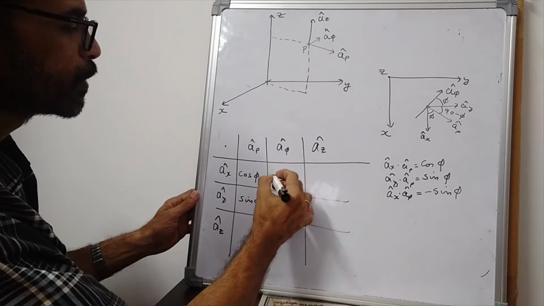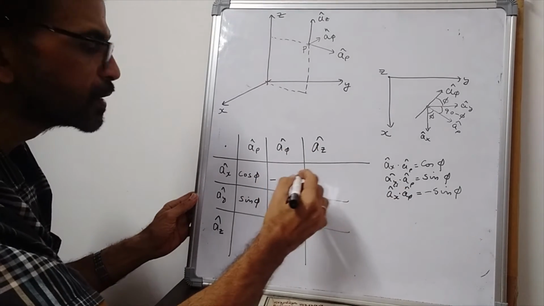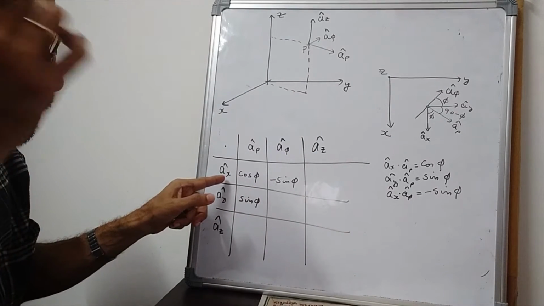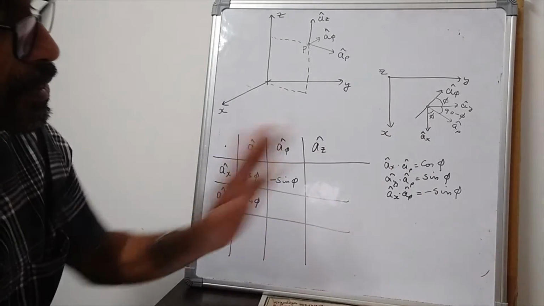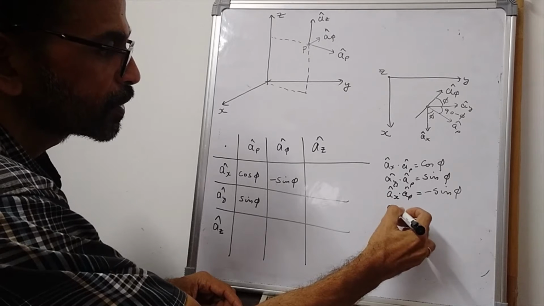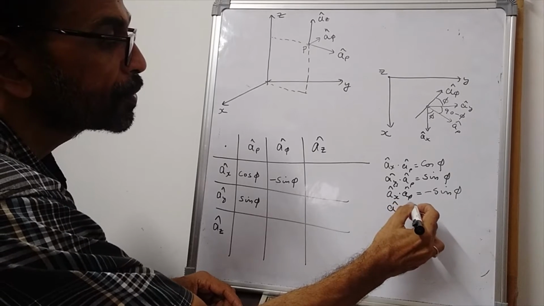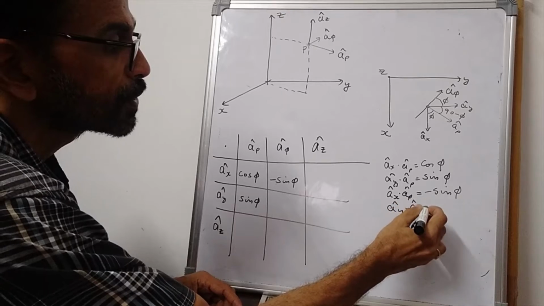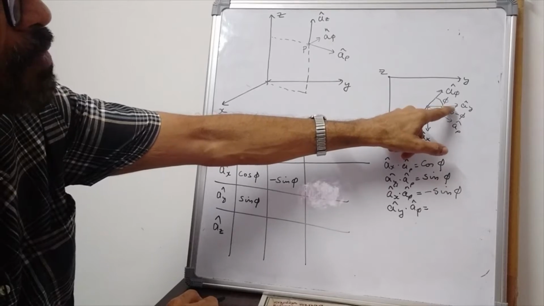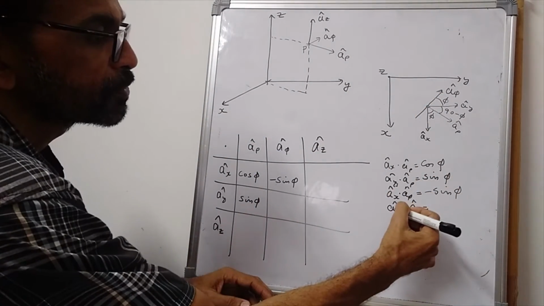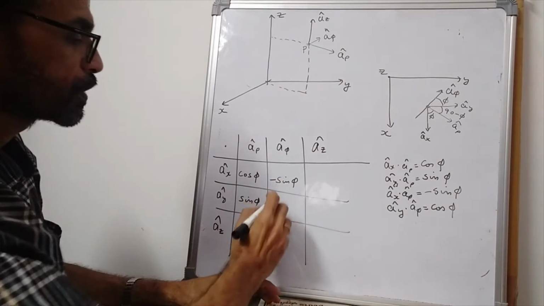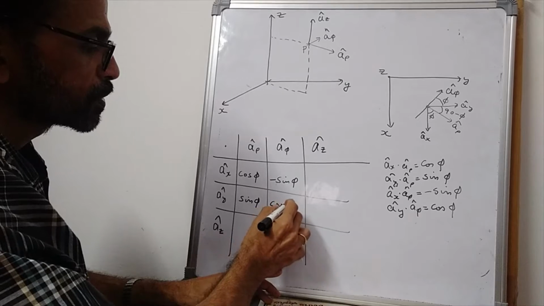So here I will have minus sin phi, because this is ax cap dot a phi cap, and this will be ay cap dot a phi cap. Now this angle is phi between ay cap and a phi cap. So the dot product will be magnitude is 1 each, so cosine of the angle between them, which is cos phi.